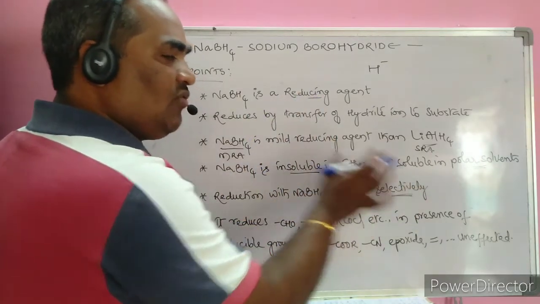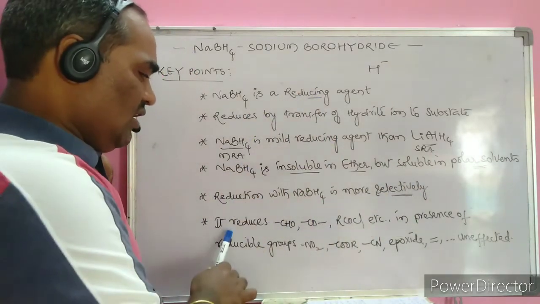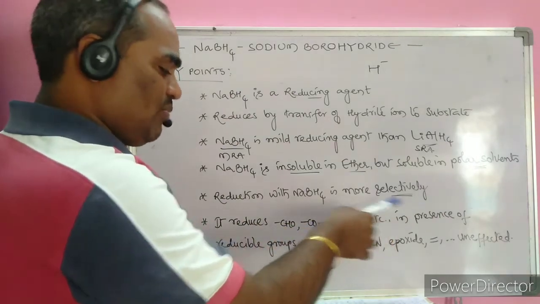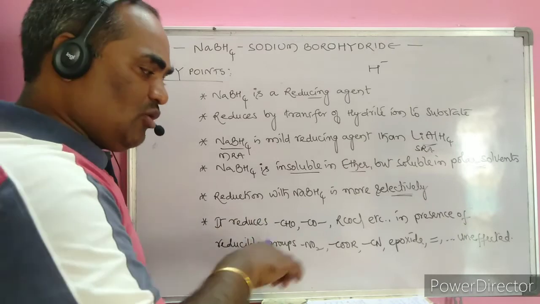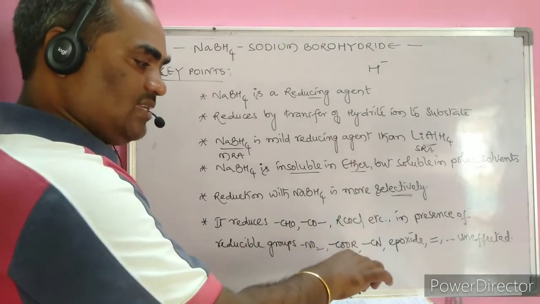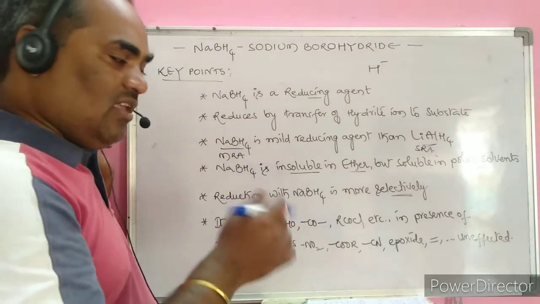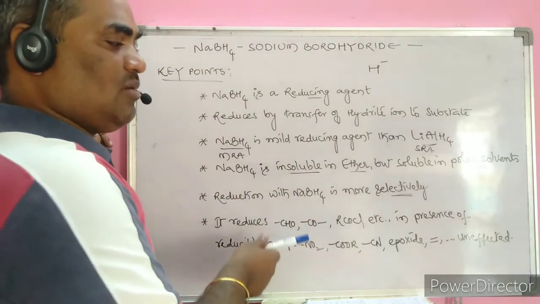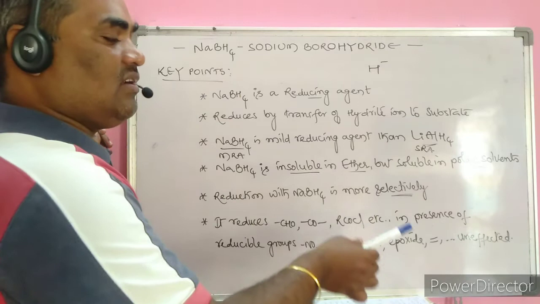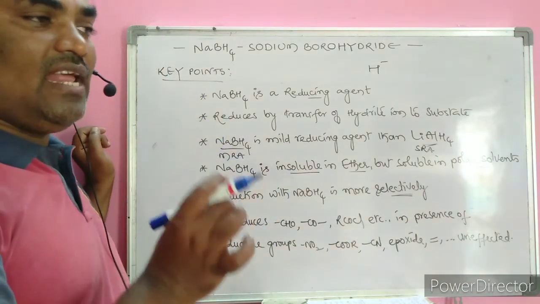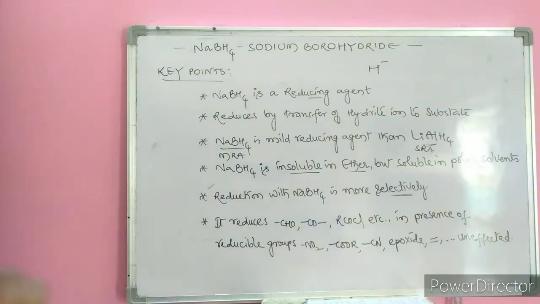It reduces aldehyde, ketone and acid halides even when reducible groups are present like nitro, ester, cyanide, epoxide, double bond. Any such reducible groups present are unaffected. That's why sodium borohydride is a highly selective reducing agent.